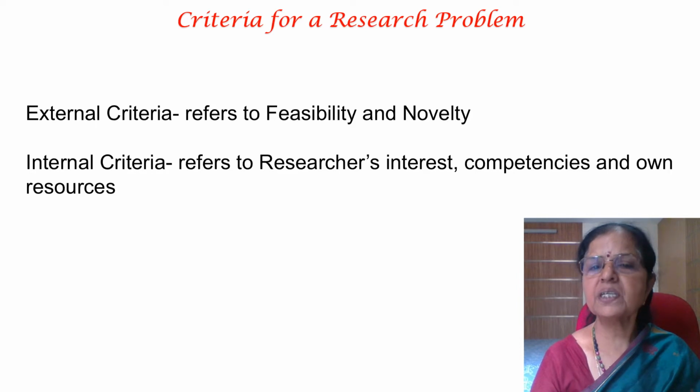So these two, novelty and feasibility, constitute what is known as the external criteria. They are external to you, so that is why we call it external criteria. And what are internal criteria? It refers to you, the researcher. It should cater to the interest of the researcher and his competencies, and you should have the proper skills to undertake that research, and you should have your own resources, both material-wise and skill-wise.